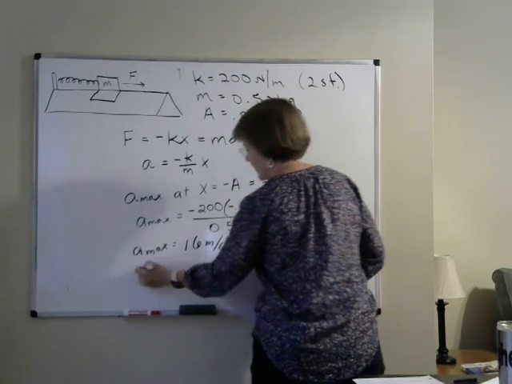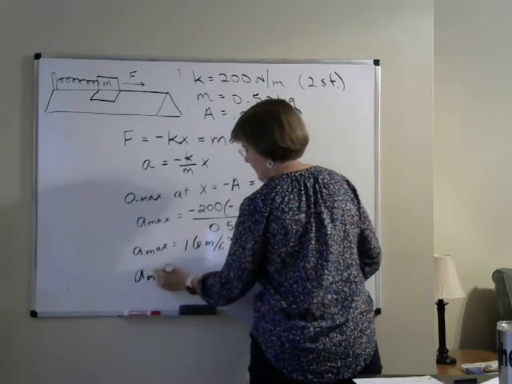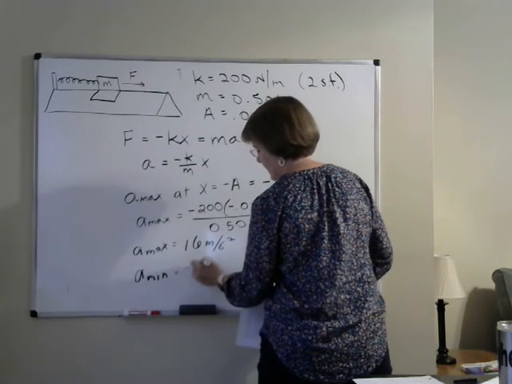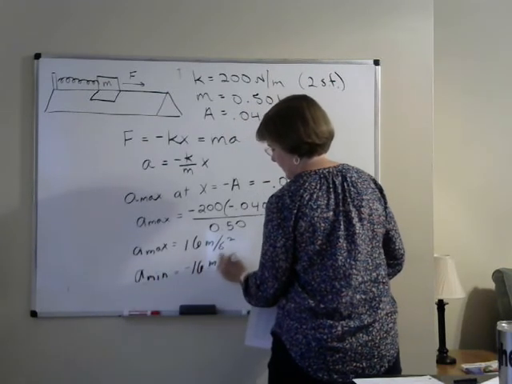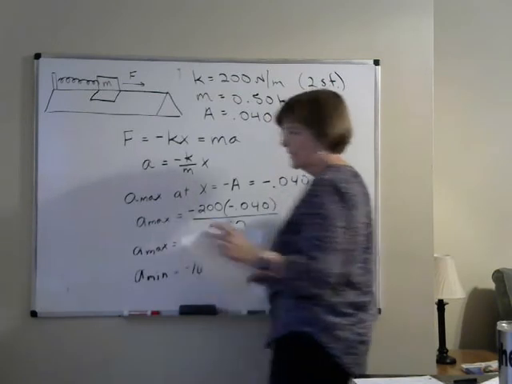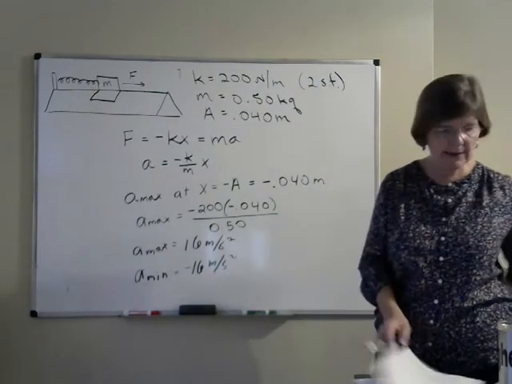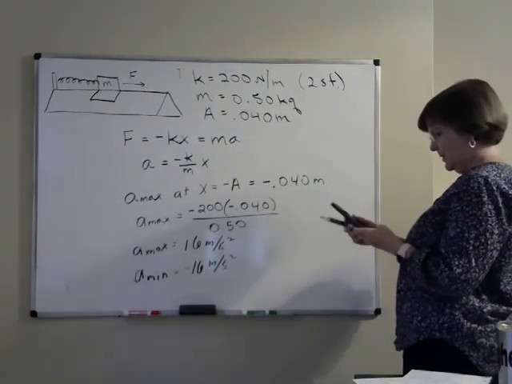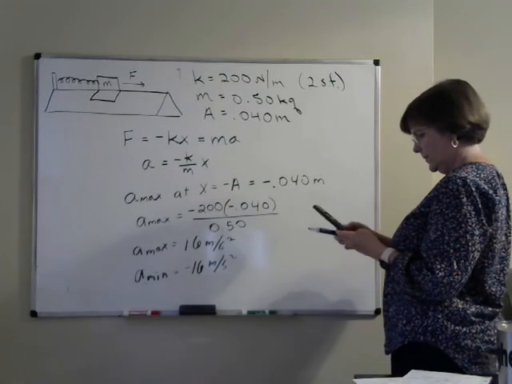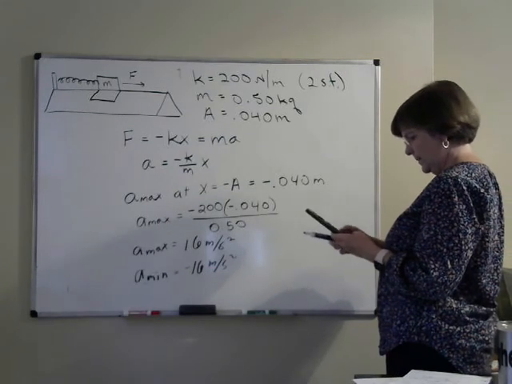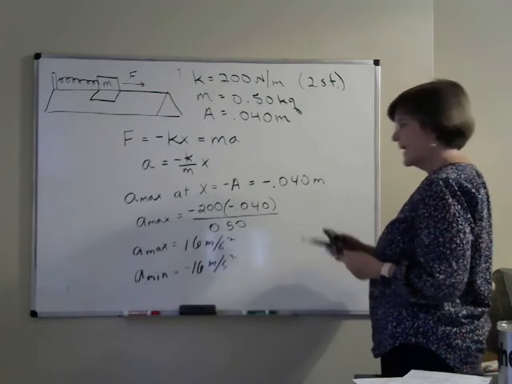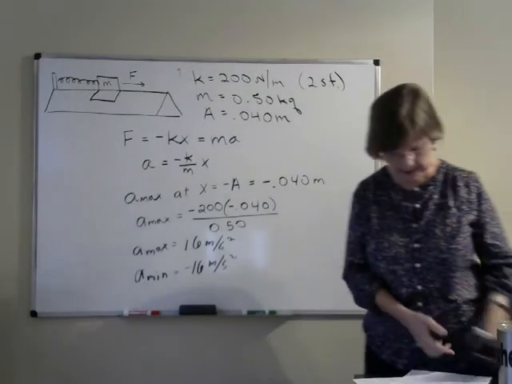Our minimum, of course, is exactly the same, only negative. I'm going to double check it. I want to make sure I didn't do anything wrong. 200 times 0.04 divided by 0.5, exactly 16 meters per second squared.